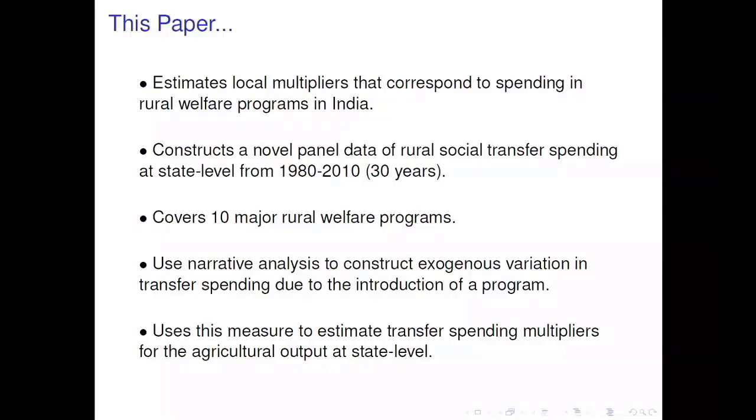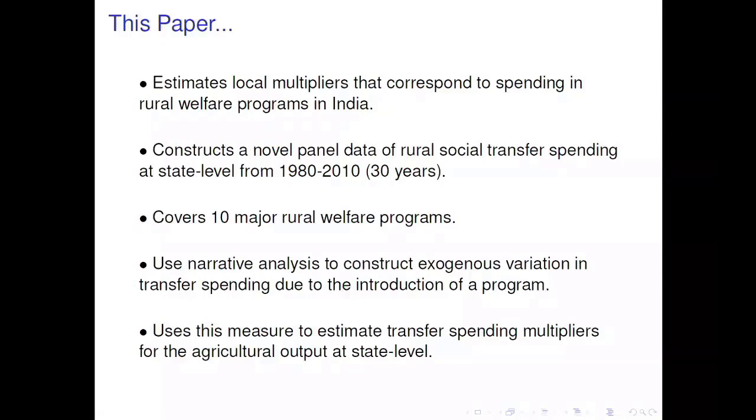When we say major rural welfare programs, what we mean is national programs that covered all the states in the country, not state-specific programs. So, for example, there was one very famous employment guarantee program in the state of Maharashtra. We don't consider that because that's just one state-specific program. We're more concerned about national programs.